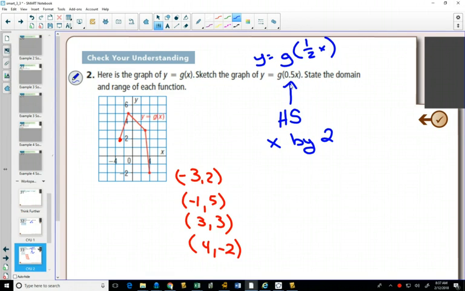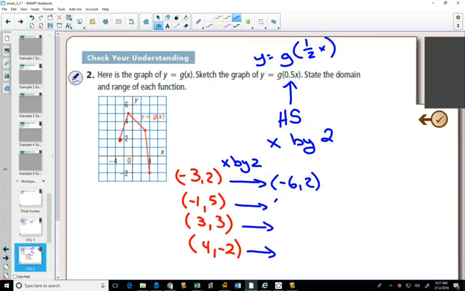As a transformation, what we're going to do to each of them is a horizontal stretch by multiplying our x values by 2. Our y values don't change, only our x values get multiplied by 2.